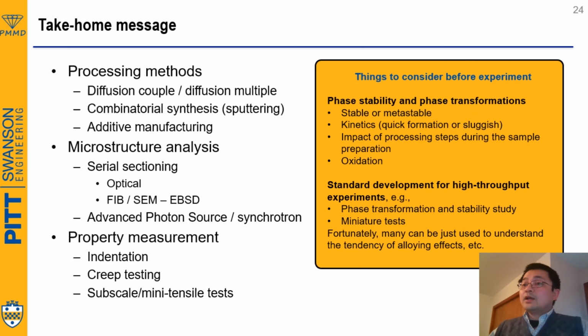For example, sigma phase is critical in the tube alloy, but the formation would be sluggish. And the impact of the processing steps is sometimes also very important, because if you do aging, how much heat treatment, for example homogenization, you have to do before the aging step, and how such processing steps influence the next one that you apply with the high throughput experiment, is also critical in design optimization.